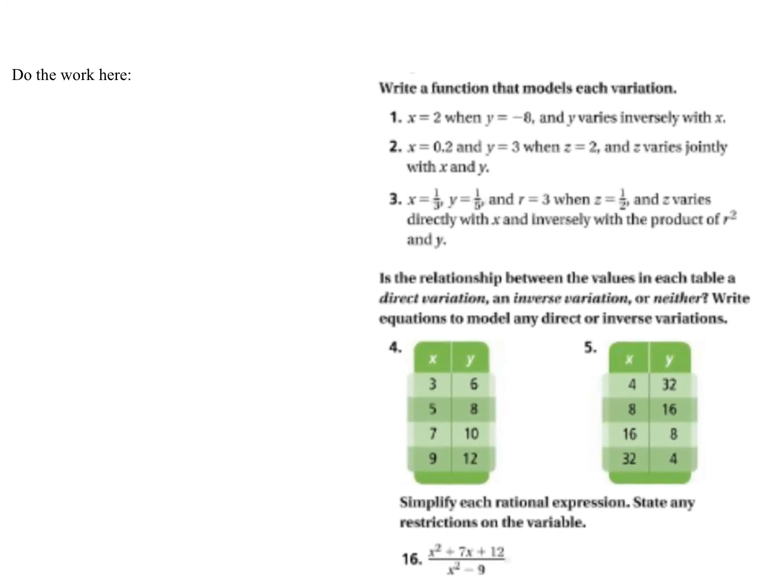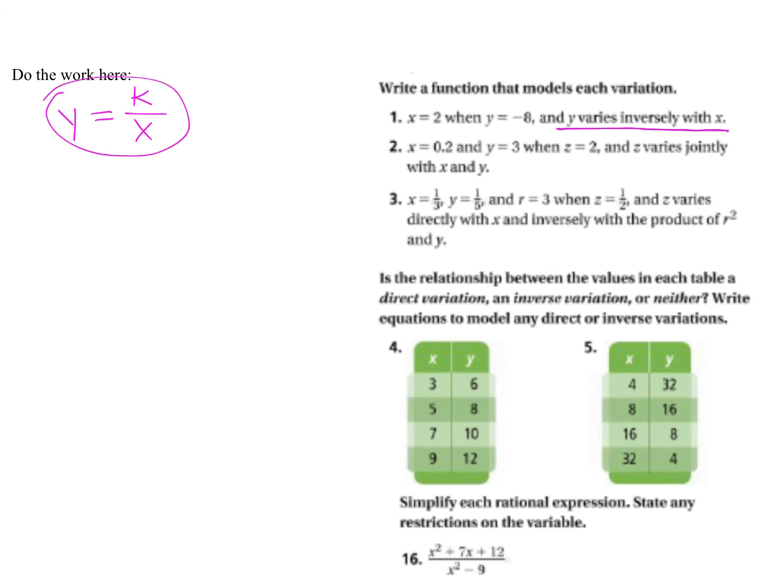If we are talking variation and it says y varies inversely with x, what is that? Inverse. How do you write it? y equals k over x, right? Inversely is k divided by x, okay?